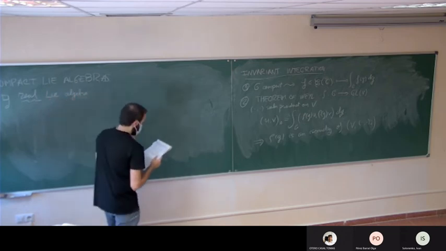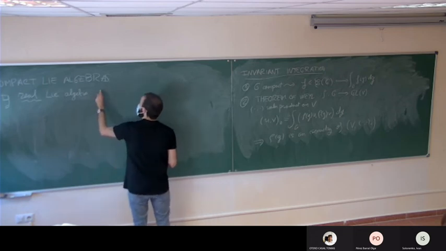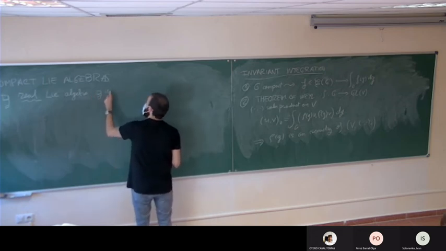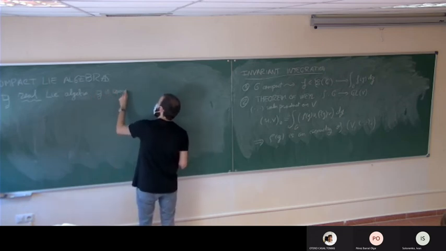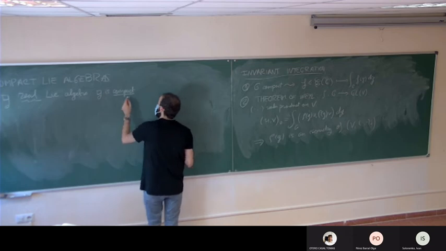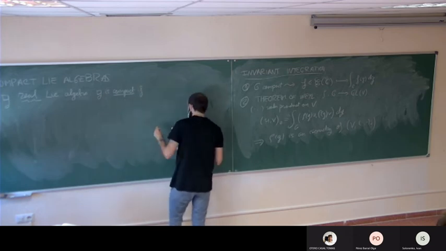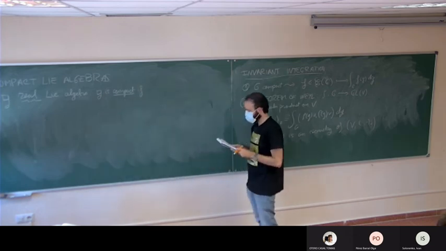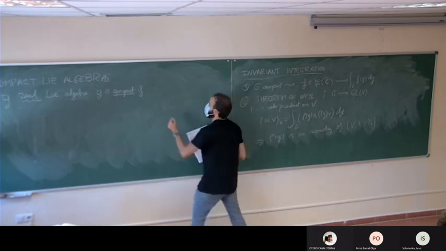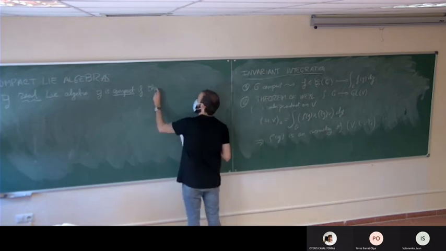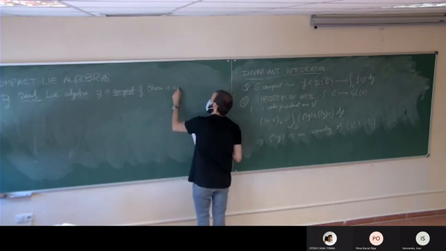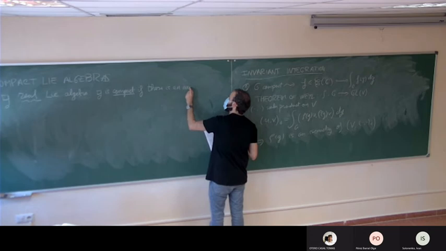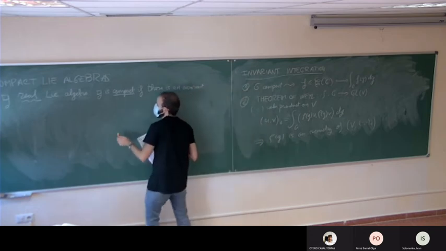We will say that G is compact if one can find an invariant scalar product on G.